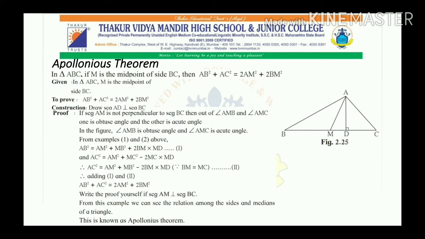So now to prove that AB square plus AC square is equal to twice of AM square plus twice of BM square. For that construction, draw segment AD, which is perpendicular to the side BC. Proof.